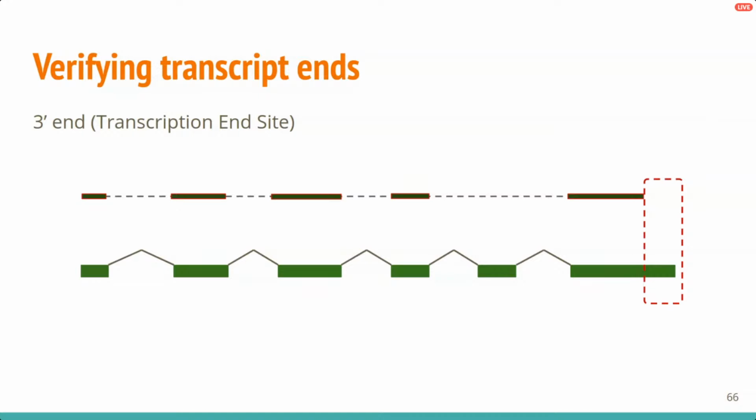In nanopore, you often have a truncated version of your mRNA molecule, so it's not easy to understand where you should end the transcript model, whether you should use the annotated transcription end site, or your reads are truncated because there's really another isoform that has a different transcription end site.